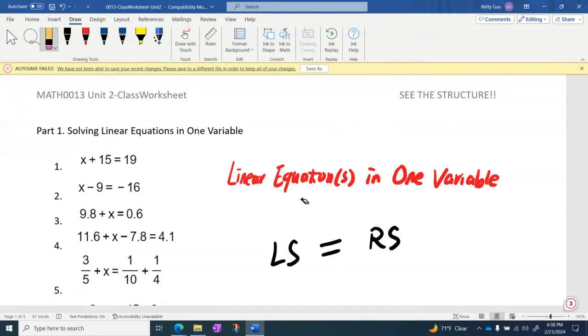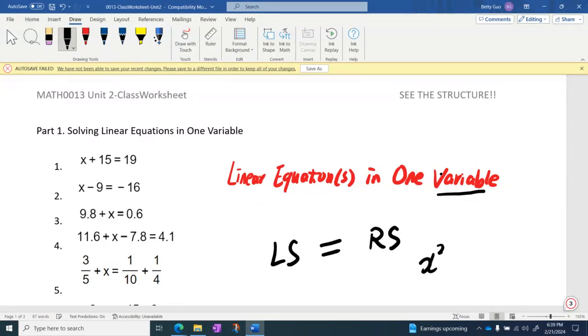And linear here means that when the variable appears, the exponent on the shoulder of the variable is 1. It's a one-dimensional thing. One variable, of course, means in the equation we only have one unknown. Anything else appearing in the equation is known: constants or symbols. The variable always has exponent 1.